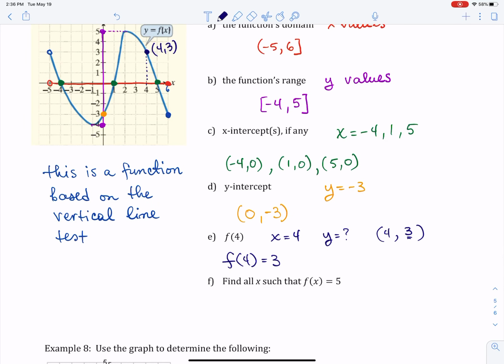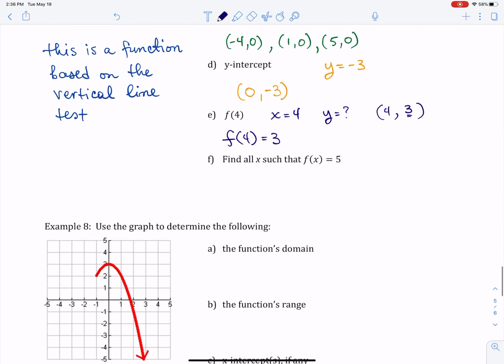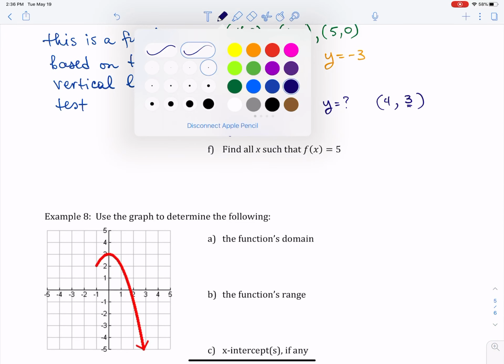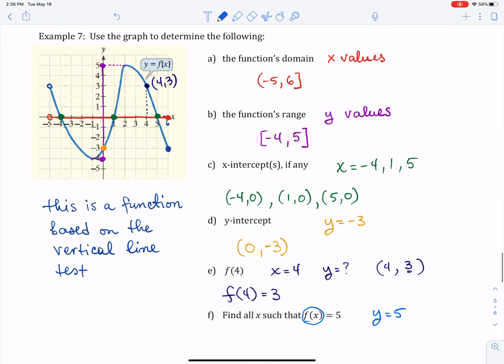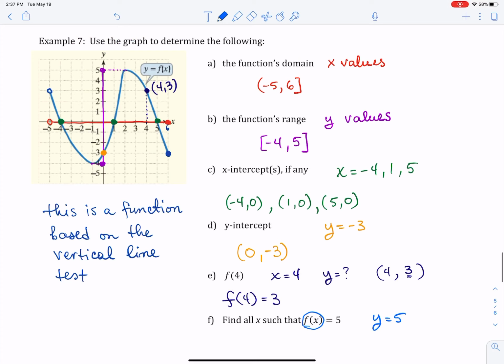The next question, find all x such that f of x is equal to 5. Well, what does this say? F of x is equal to 5. F of x is the y value. So the y value to be equal to 5 are all the points on the level of y is equal to 5.